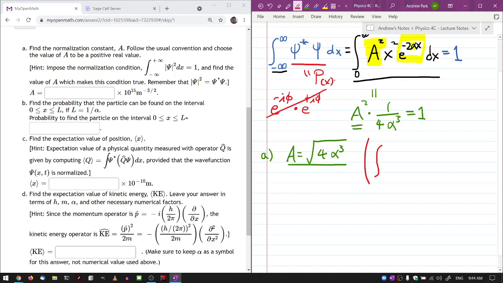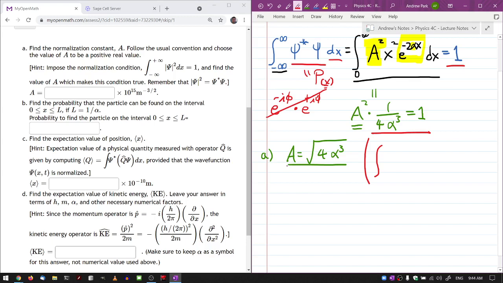It's showing the probability that the particle is within coordinate x to x plus dx. And in order to make that probabilistic interpretation work, we impose this condition so that when you integrate over all space, it becomes 1. That's what we've done.